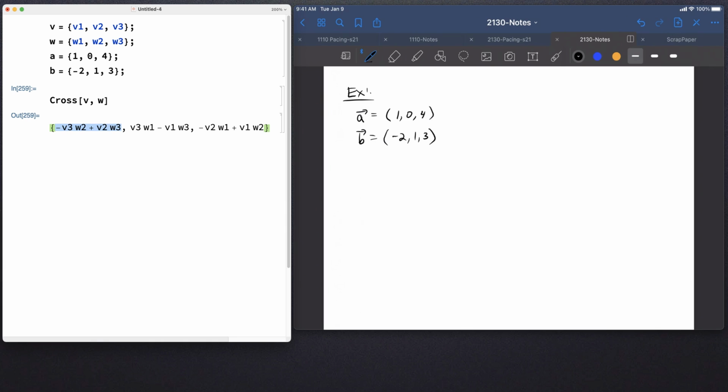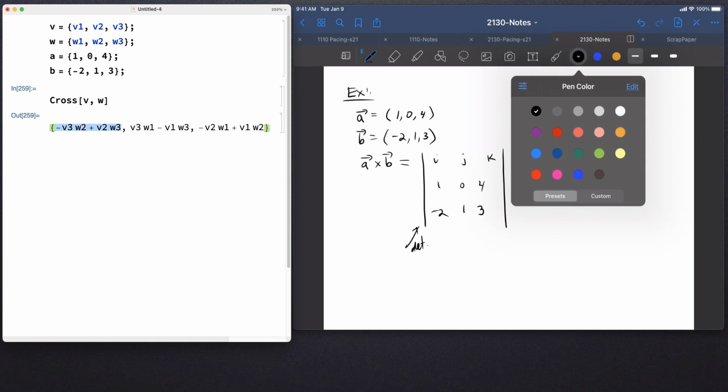So here we have a vector A and B, and our goal is to compute the cross product of those vectors. Now, according to what we've learned in class, we need to compute a determinant, but a determinant of what? A determinant of i, j and k along the top, 1, 0, 4, negative 2, 1, 3.